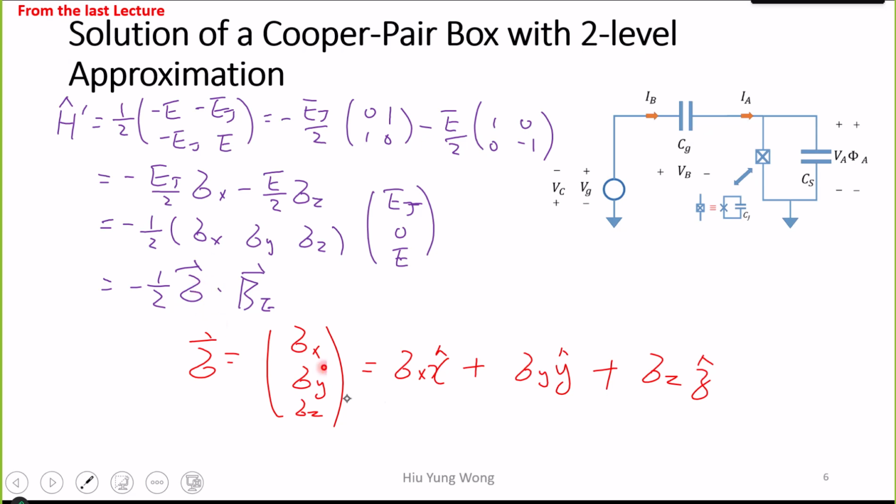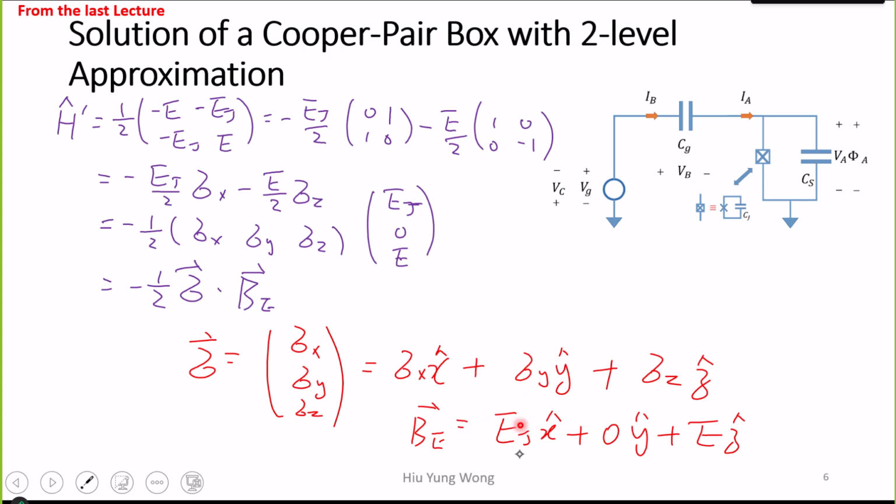And if I write this as this one, it also means I have written B_E equals E_J X hat plus 0 Y hat plus E_C Z hat. Of course, this is, again, not a real vector in our space, but I try to map it in this way. This is in energy.